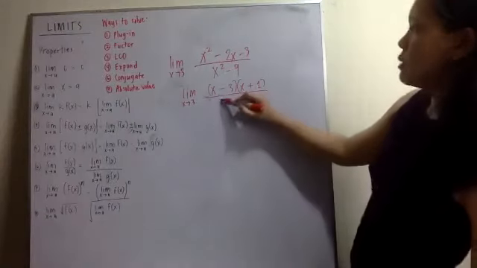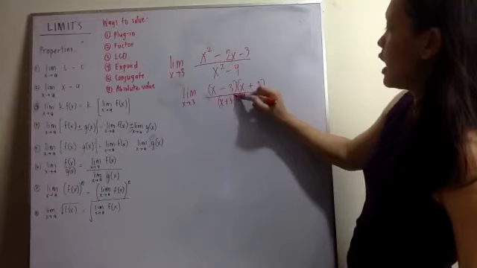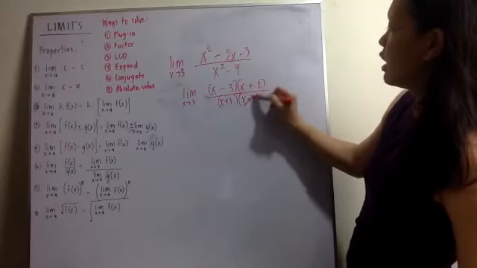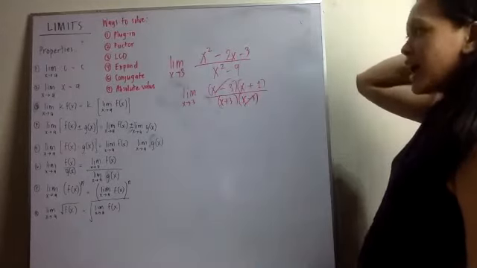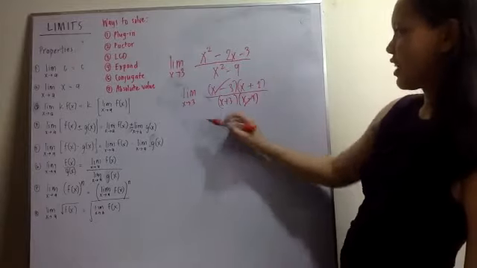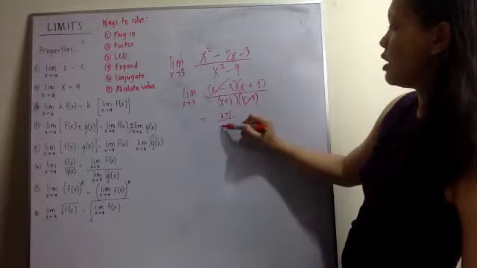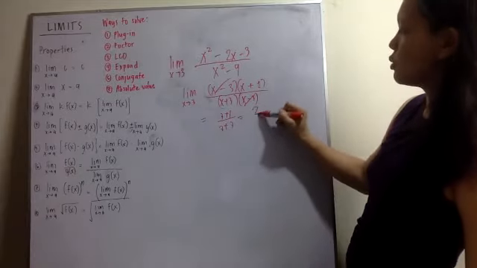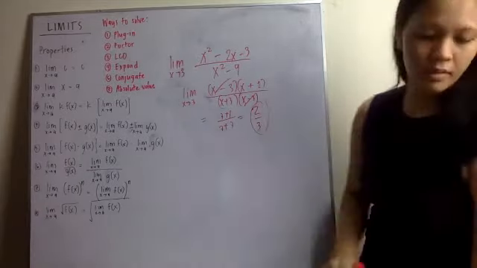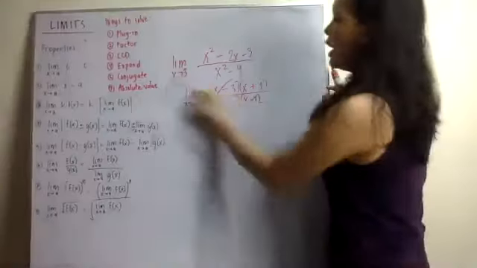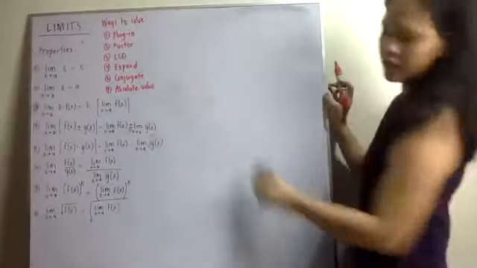Below, x plus 3, x minus 3. Okay, so just plug in. We will have 3 plus 1 over 3 plus 3, or 2/3. Okay?